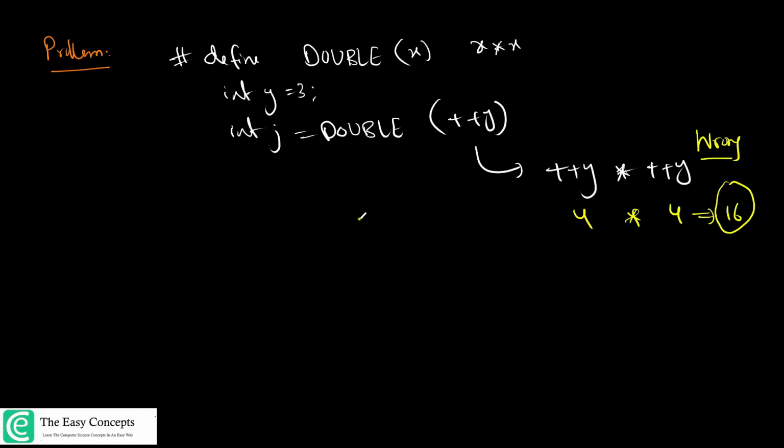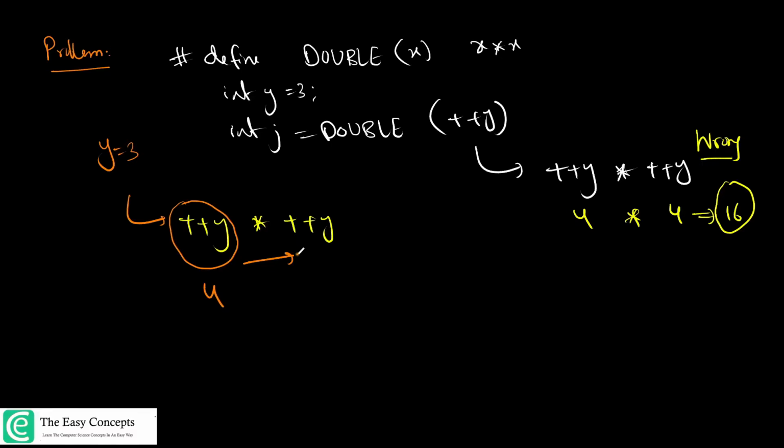You can just pause the video and think about it. Now moving ahead, double x is x cross x, and when we write double plus y, it is actually this. Okay, so try to solve this thing: plus y cross plus y, and now the first y is actually 3, but when it happens plus y, it makes it 4.